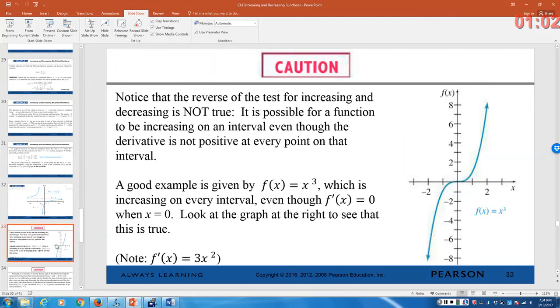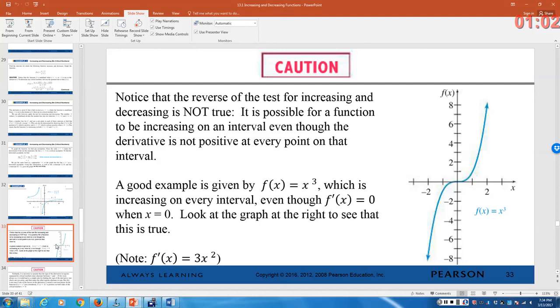Now I'm going to caution you about one thing, and this is an important thing. Notice that the reverse of the test for increasing and decreasing isn't true. It is possible, even though we say usually, you know, if it's going to have a 0, it's going to go negative to positive, or from positive to negative.